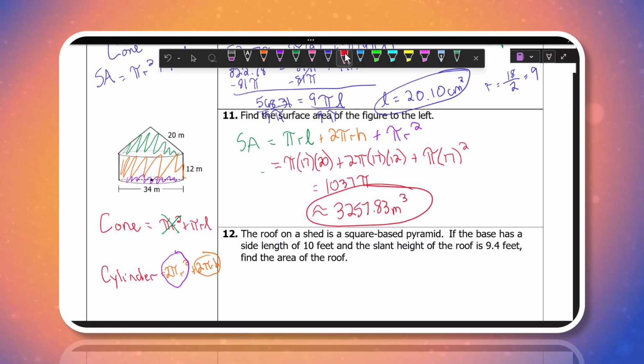That's a lot of area. So we just had to look at the parts that we needed.